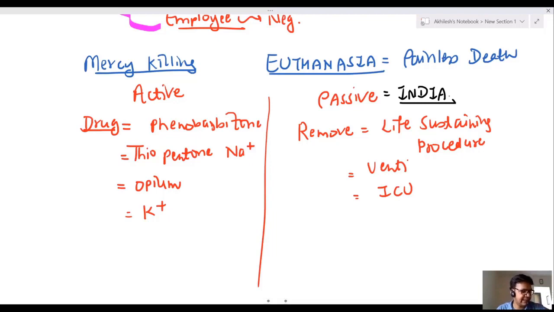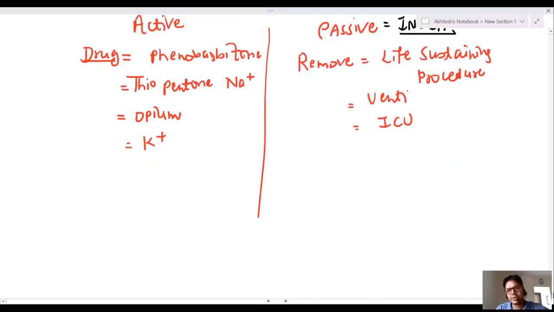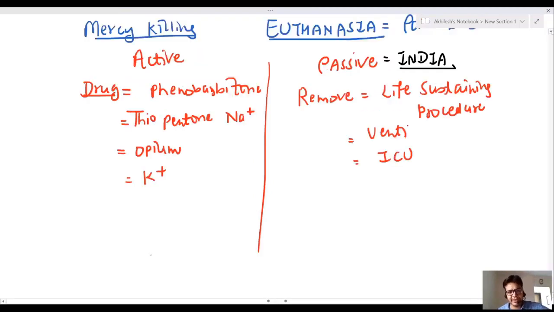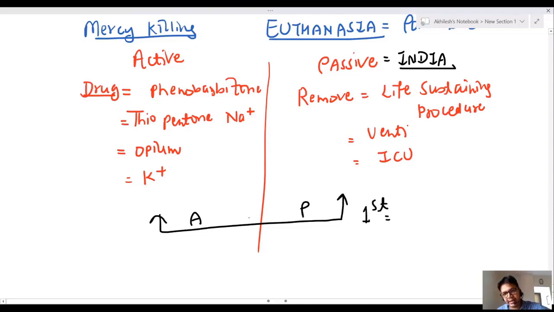But Dr. Saab, this question comes: in India, only passive euthanasia was legalized. The first country where active plus passive both got legalized was the Netherlands.